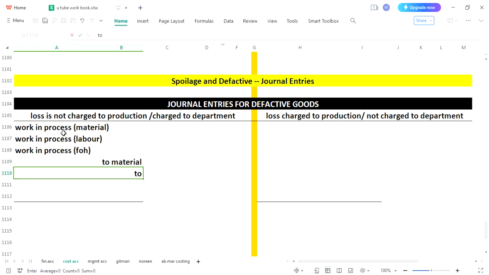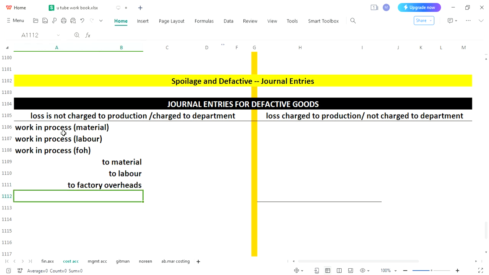Labor is also being used, and some factory expenses are used, factory overheads. So this way we will complete our first entry. That means we have started our work. The narration would be work started.